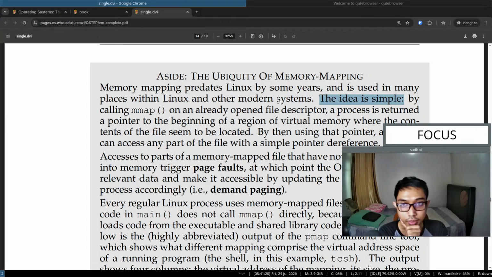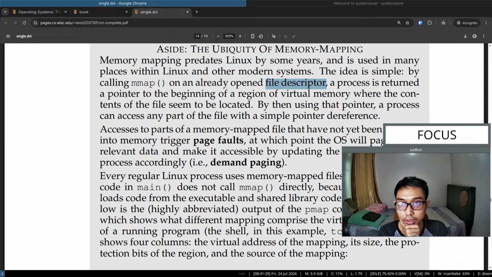The idea is simple. By calling mmap on an already open file descriptor, a process is returned a pointer to the beginning of a region of virtual memory where the contents of the file seem to be located.